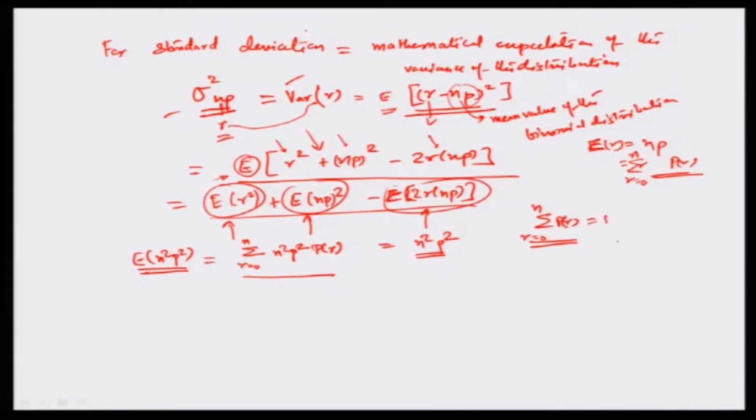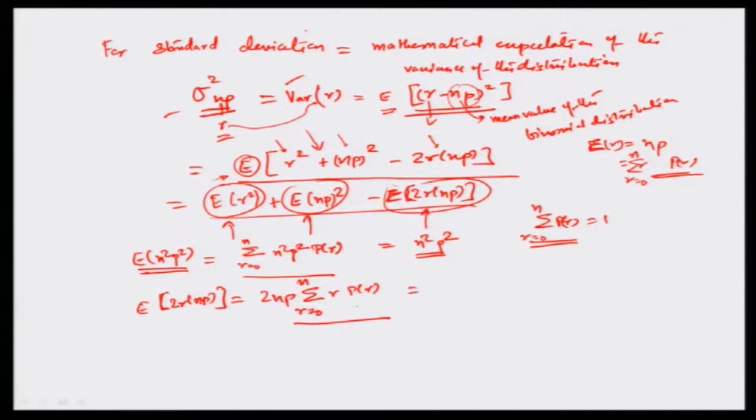So, that is definitely 1. In a similar manner, if we try to calculate the expectation of twice r n p, we can represent this as twice n p sigma r varying between 0 and n r p r.